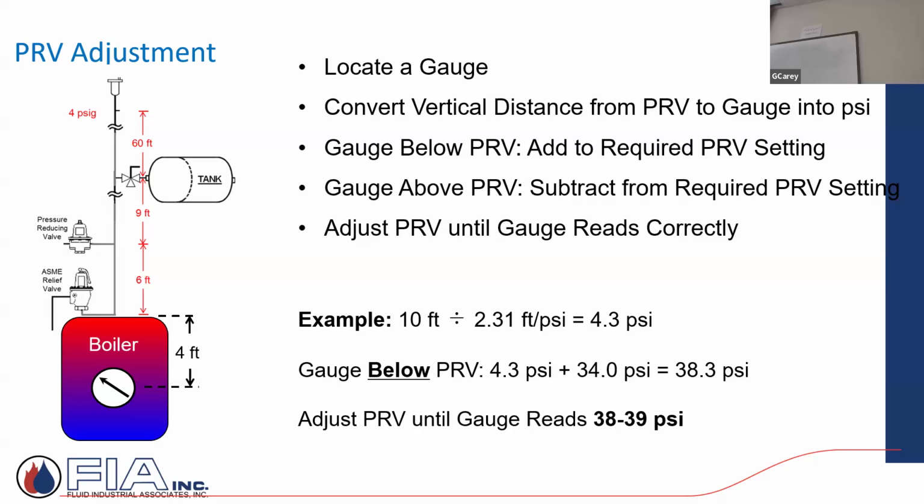It's getting nitpicky. 10 divided by 4.3. So the gauge is below, so I want to add. Technically, when I reference this gauge as I'm setting that valve, it should be somewhere around 38, 39 pounds. When I read that, I know I'm all the way to the high point and I got 4 pounds of positive pressure. It's all good.